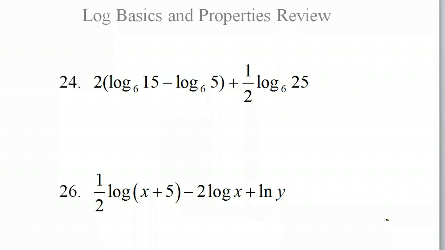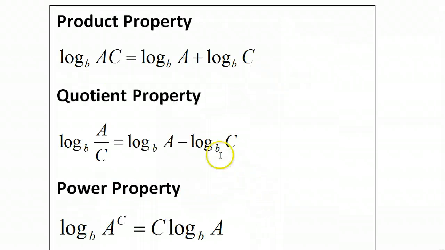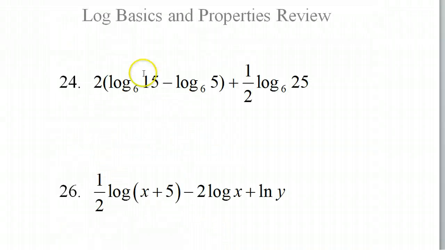Alright, number 24. There are multiple ways to do this, but I'm going to go ahead and just distribute this 2. No, I don't want to do it that way. I could have done it that way. I'm going to go ahead and condense these logs in the parentheses. So I'm going to use my quotient rule. So this subtraction will become division, a over c.